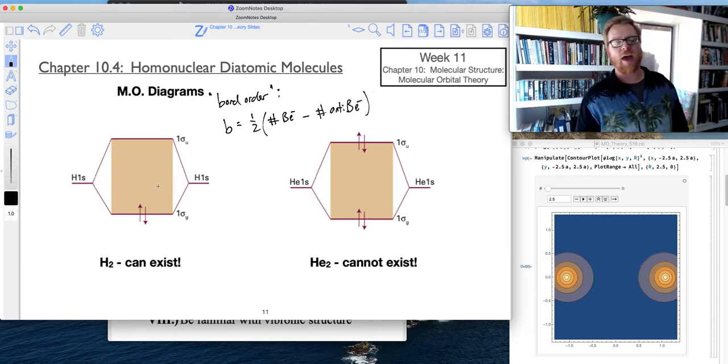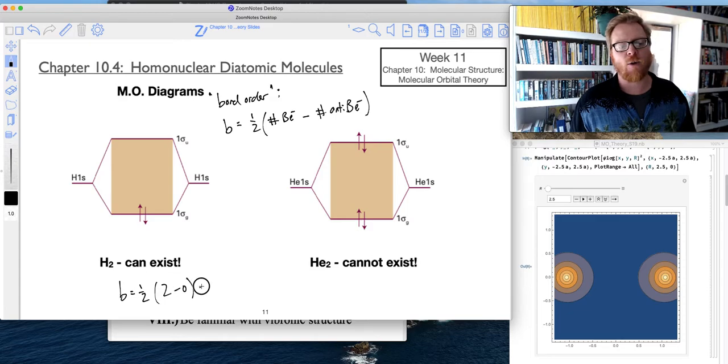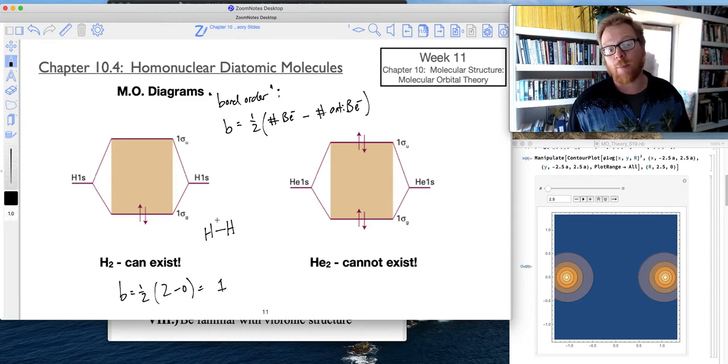So if we do that for H2, we can see that there's 2 bonding electrons and 0 anti-bonding electrons. So B equals 1/2 times 2 minus 0, and that equals 1. And so a bond order of 1 means that, yep, it's just a single bond, H bonded to an H.